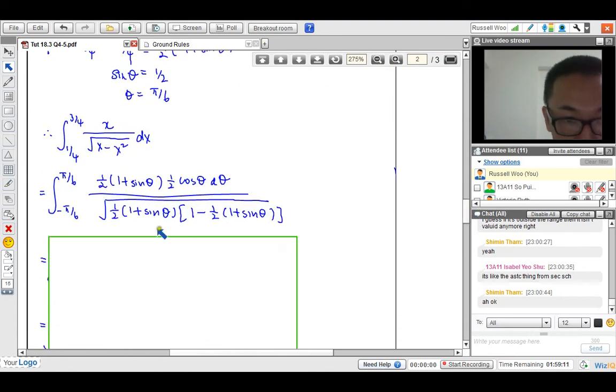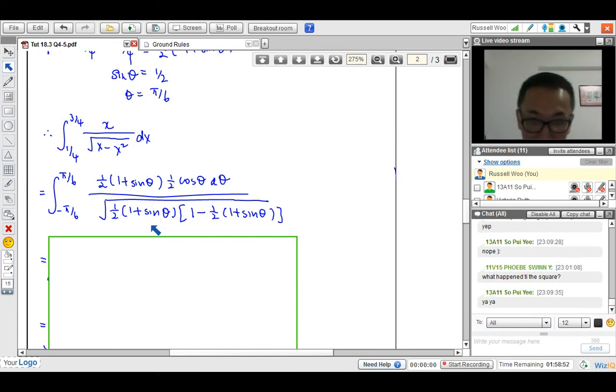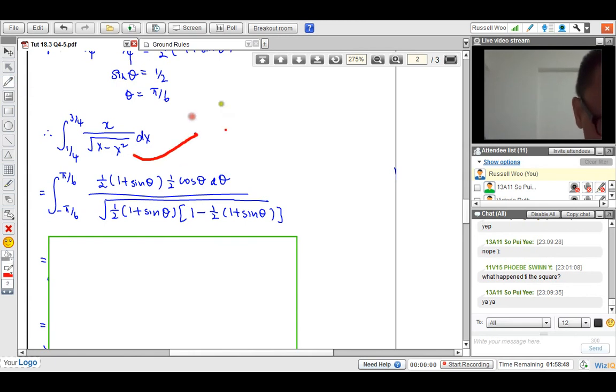Okay, everybody got to this stage, this complicated looking thing. Am I right? And then don't know how to proceed, right? Pui cannot get it. Oh, sorry. What I did was, this is square root x times 1 minus x.